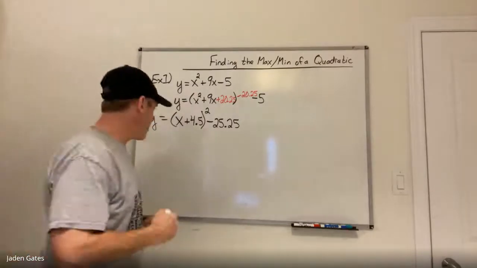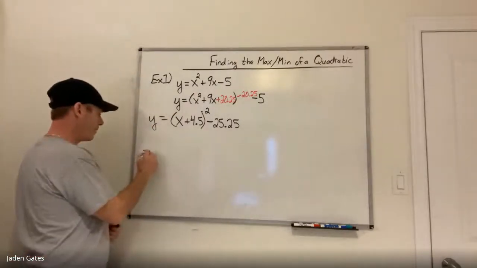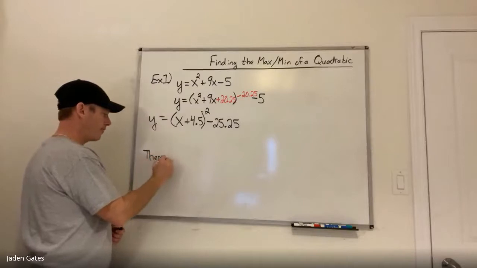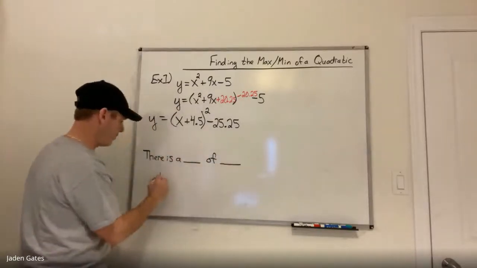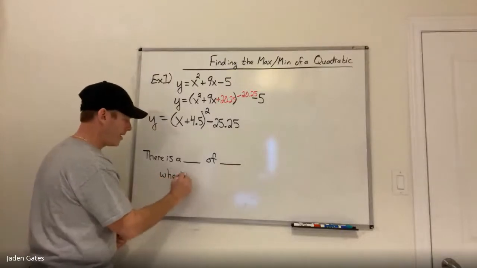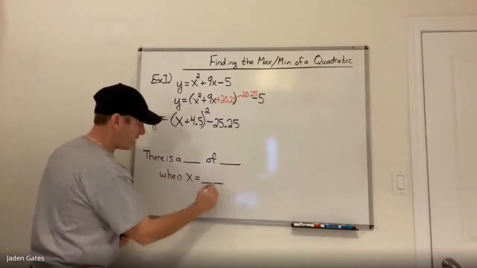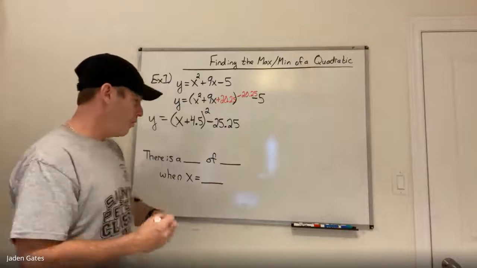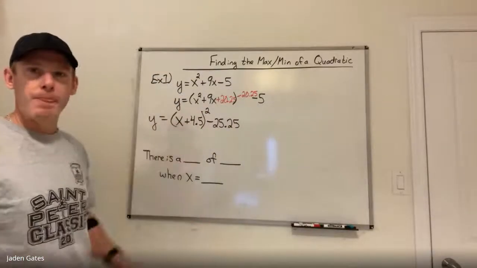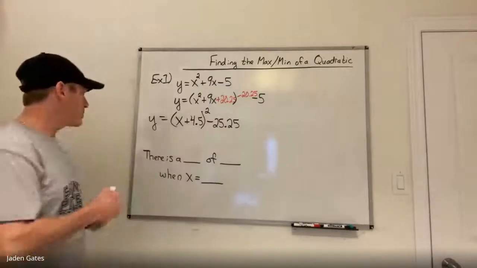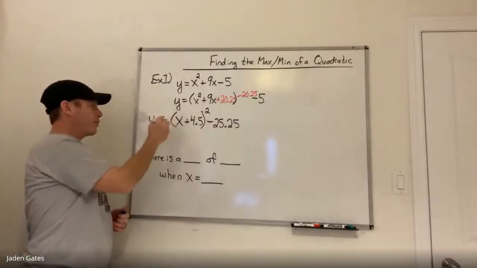So again, I want to be able to complete my sentence that there is a blank of blank when x equals blank. All right, so again, filling in the blanks by just being able to look at my equation. Now, the first thing I'm going to look at is my a value, which some of you say, hey, there isn't an a.